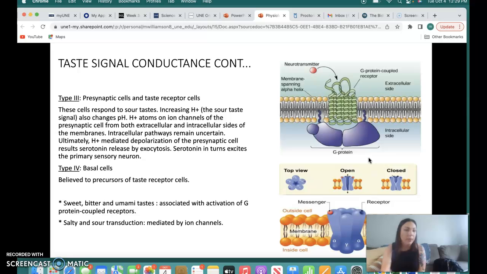Now I'll move on to type 3, which are presynaptic cells and taste receptor cells. So these cells respond to sour taste. Increasing hydrogen, which is the sour taste signal, also changes pH. Hydrogen acts on ion channels of the presynaptic cell from both extracellular and intracellular sides of the membranes.